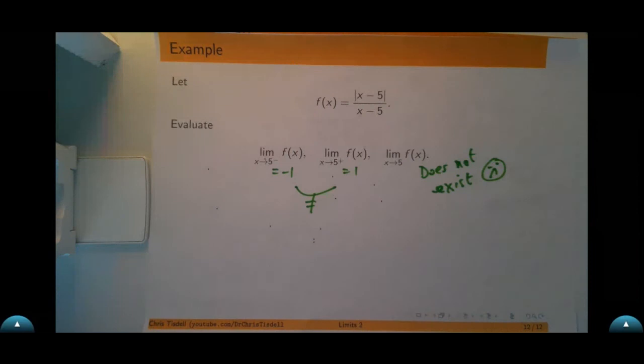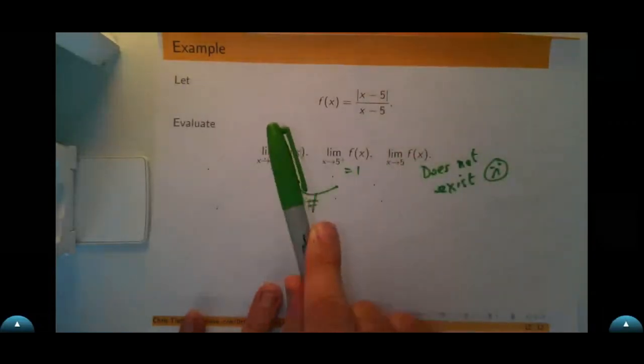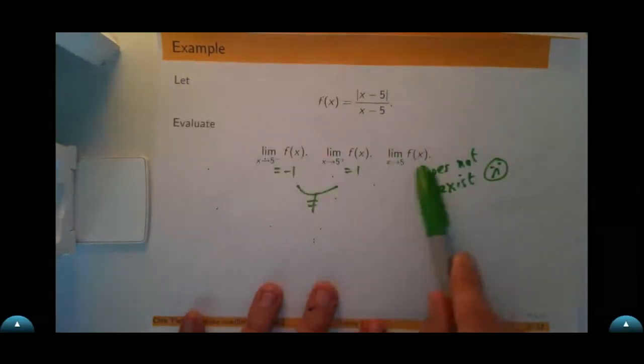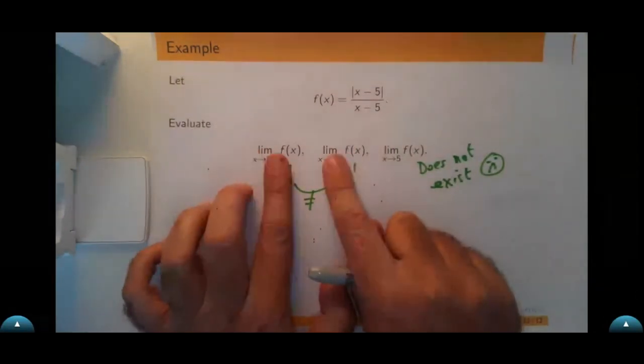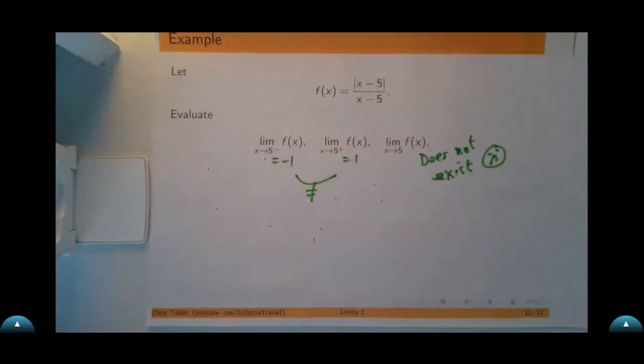Yes, Stephen. So it's a good question. Limit as x approaches a is the joint value of the left-hand limit and the right-hand limit. Okay. So this is actually the joint value of that and that, but they're different. So this can't exist without both of these being equal. Okay.